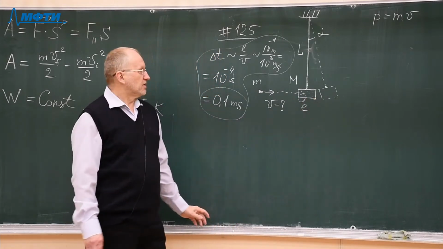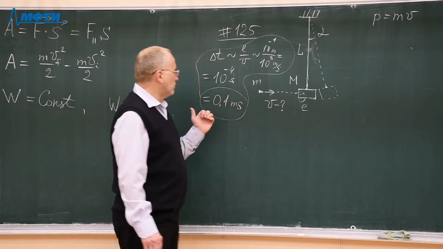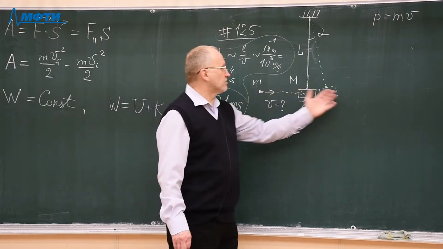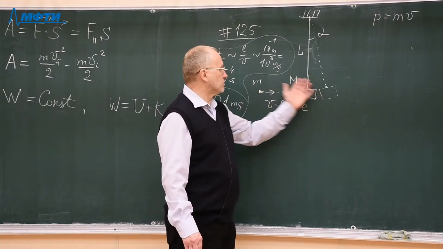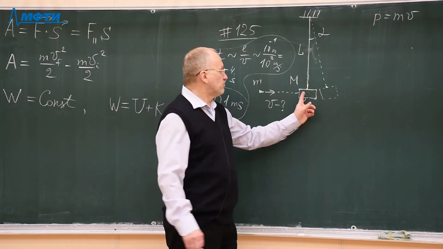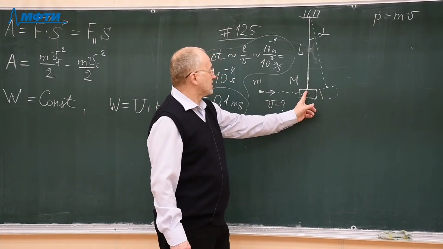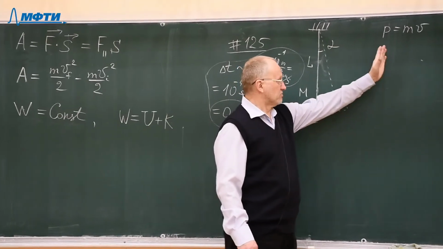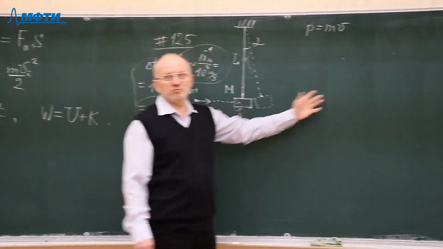So we may conclude that during such a short interval of time, no additional forces will act on the system. If the box was deflected by a large angle, then there would be forces of gravity that should be taken into account.